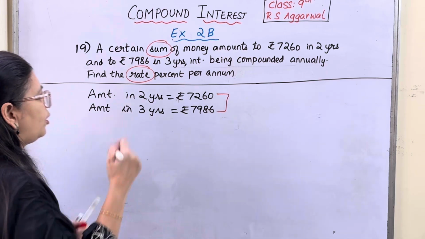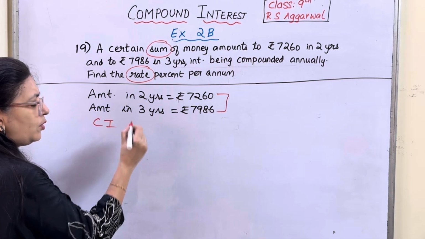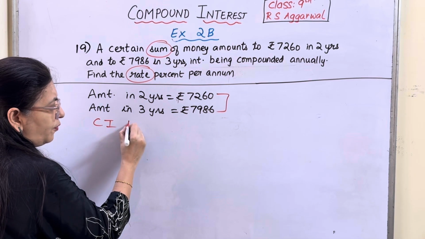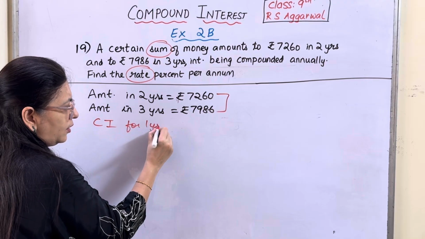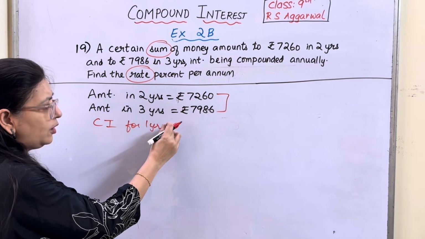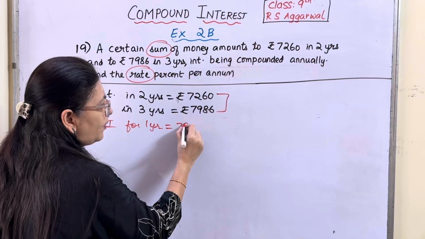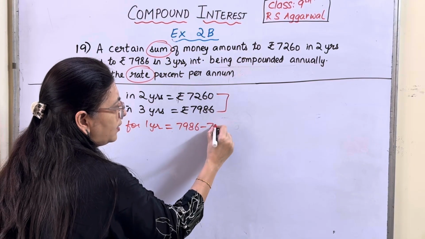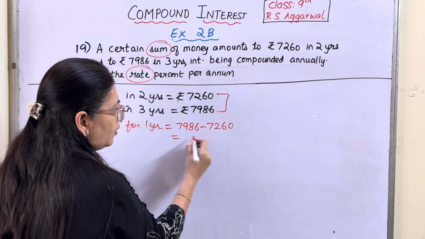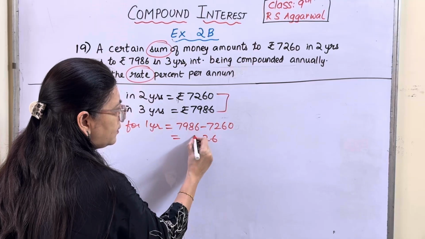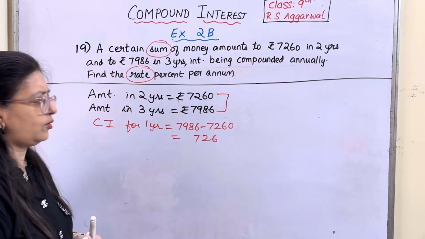So in short we can say the compound interest for 1 year, from the 2nd year to the 3rd year, is 7986 minus 7260, which is 726 rupees.